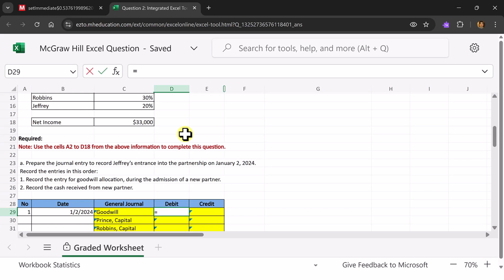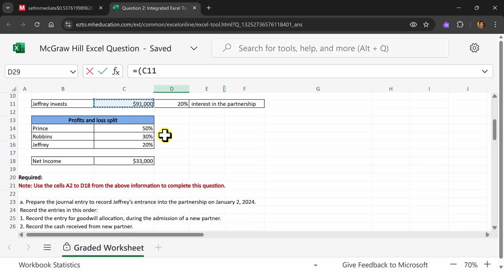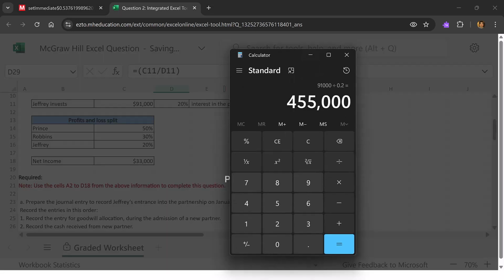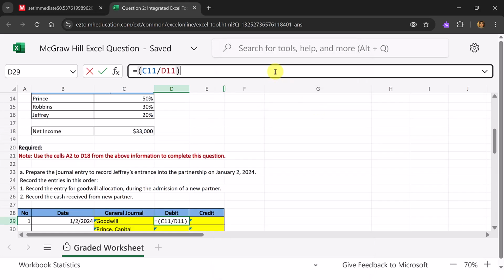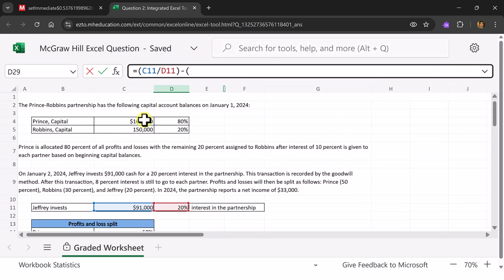So let's start off by taking that value, 91,000 divided by 20%. There's that number I showed you before, 455,000. But we're looking at the excess over identifiable assets. So we're going to subtract out the two capital accounts, again assuming this is equal to the fair value of whatever assets are already there, and the new asset coming in, this cash here.